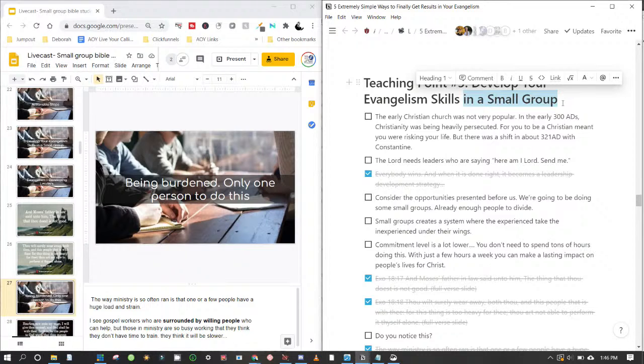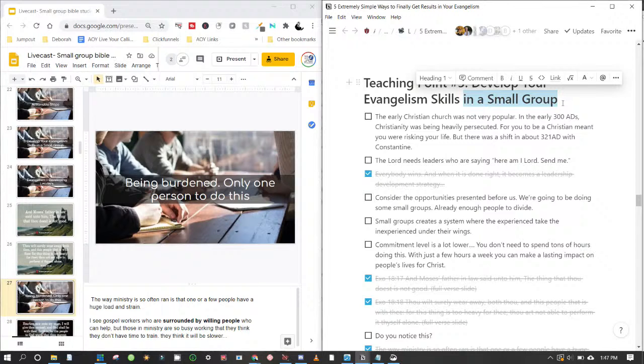You want to evangelize and share with the world? It's in the small group that you will develop these skills. You have friends, family, coworkers, people you love that you want to witness to. It's in the small group that you're able to invite them, nurture them, encourage them on their walk with God, and give them a platform so they can grow and learn and thrive. So this is what we're trying to communicate.